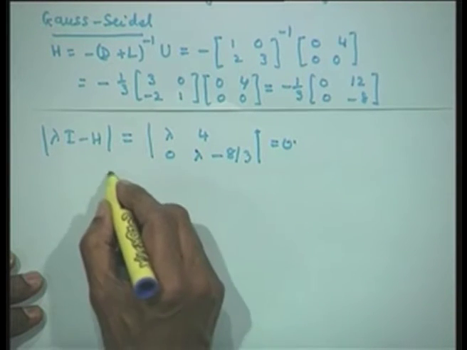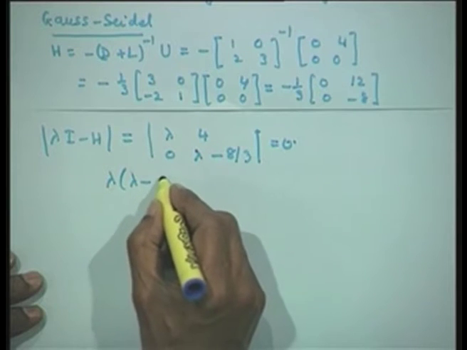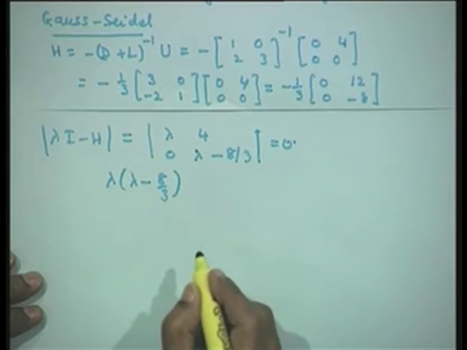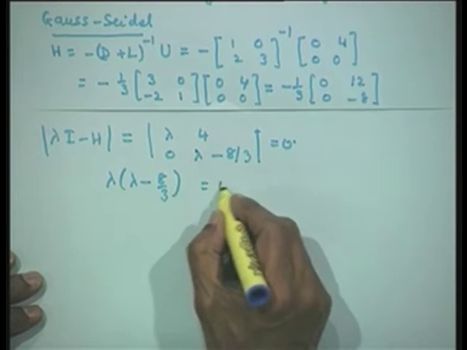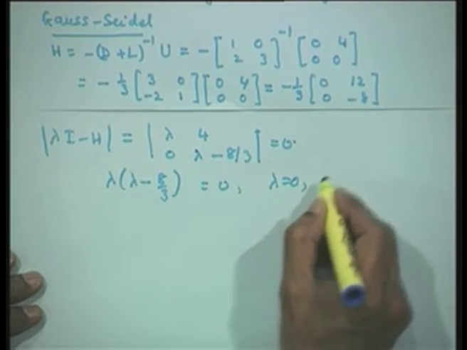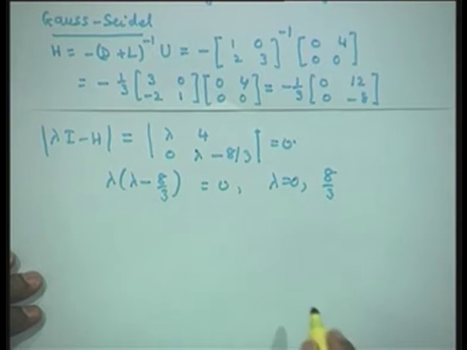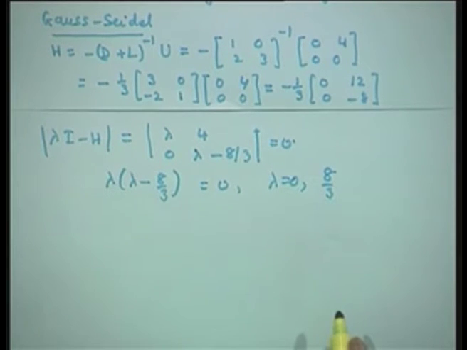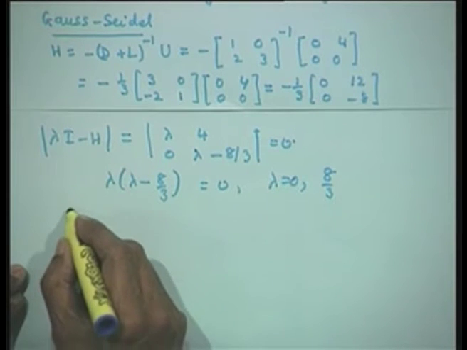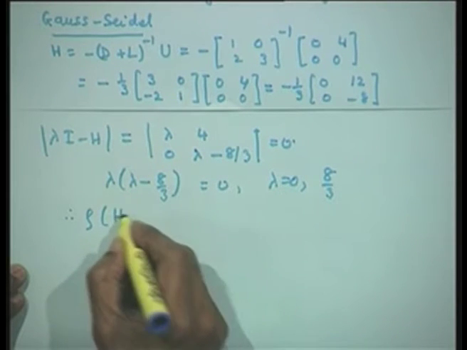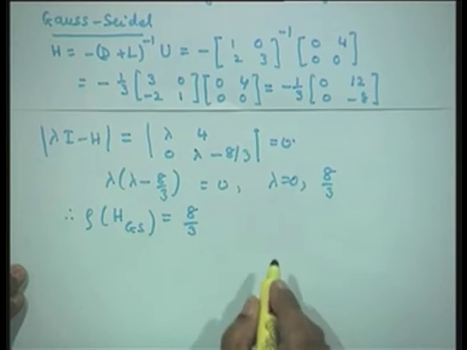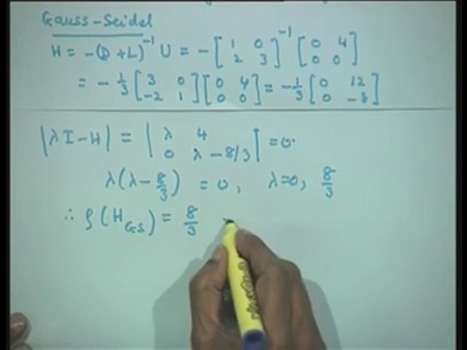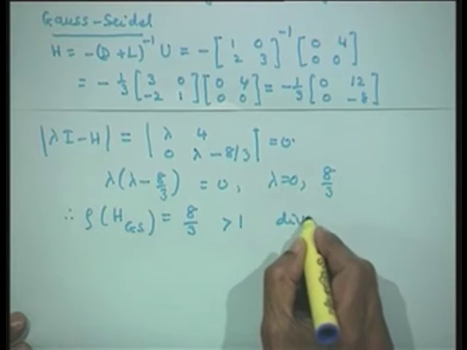Therefore, this gives you lambda into lambda minus 8 by 3. Therefore, lambda is equal to 0 and 8 by 3. And therefore, the spectral radius of Gauss-Seidel is 8 by 3. Therefore, it diverges.